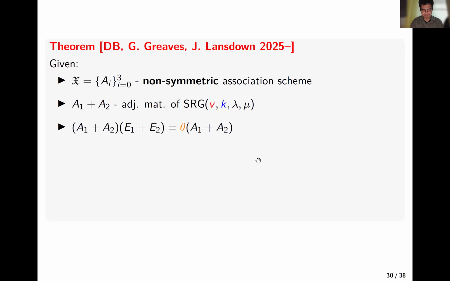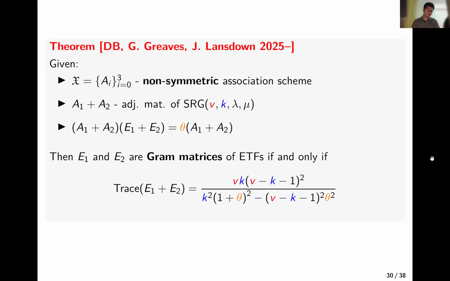And that's our setup. It turns out that if we work with the Q matrix, or the change of basis matrix, we can find that E1 and E2 are Gram matrices of equiangular tight frames if and only if the trace of this projection, of this eigenspace of A1 plus A2, satisfies this equality involving the parameters of our strongly regular graph.